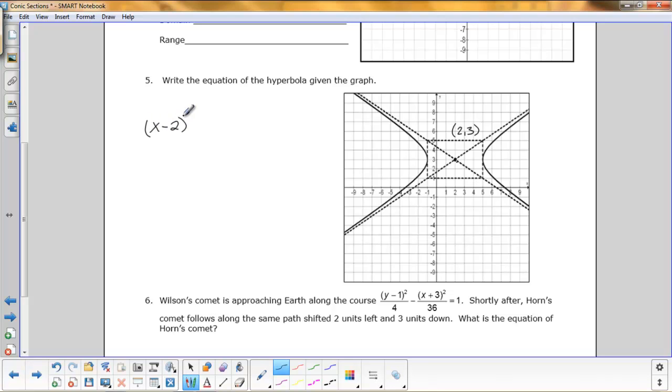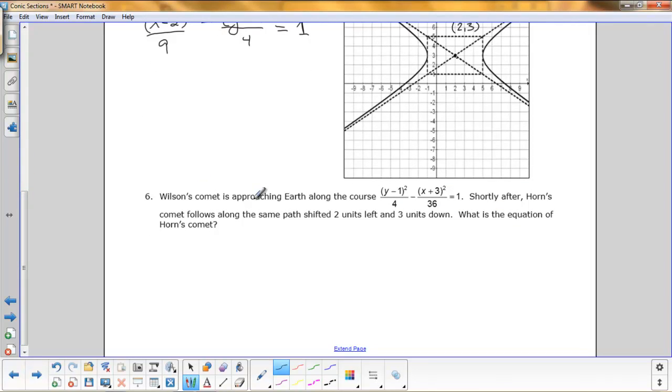X minus 2 squared minus y minus 3 squared. Now I'm going to determine what A and B are by counting from the center to each major and minor vertex. 1, 2, 3, that gives me 9. 1, 2, that gives me 4, and it's always equal to 1 in standard form.